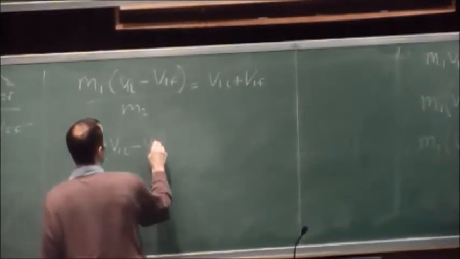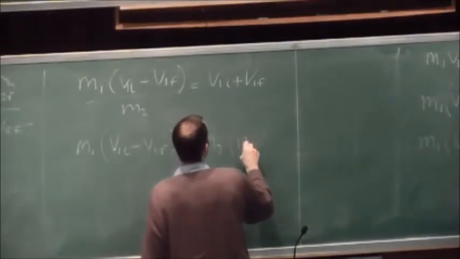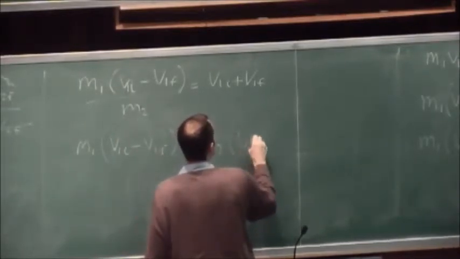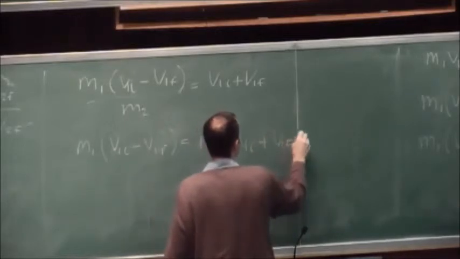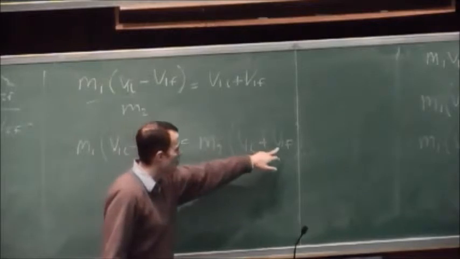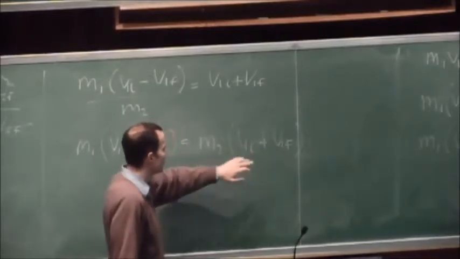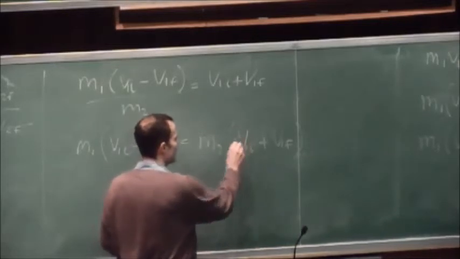V1 initial minus V1 final is equal to M2 times V1 initial plus V1 final. What I'd like to get is V1 final on one side and write it in terms of V1 initial, since we know what V1 initial is.